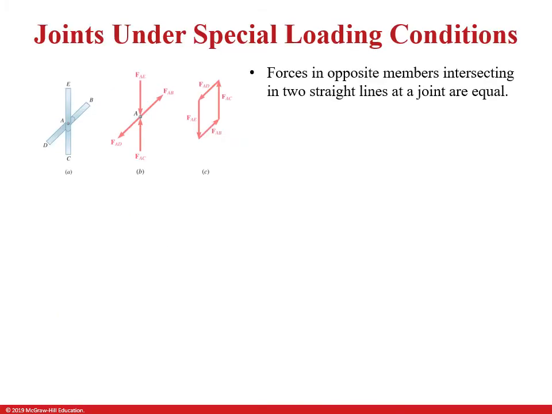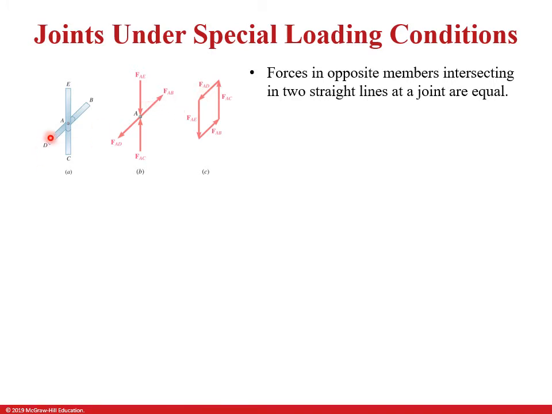There are some special loading conditions that we have. Some of this is in your textbook in a special section. So I'm not going to really test you on this, but you should be aware of this. So for example, this setup here, you've got DB and EC, right? There's forces along each of these. You can basically draw a force parallelogram.